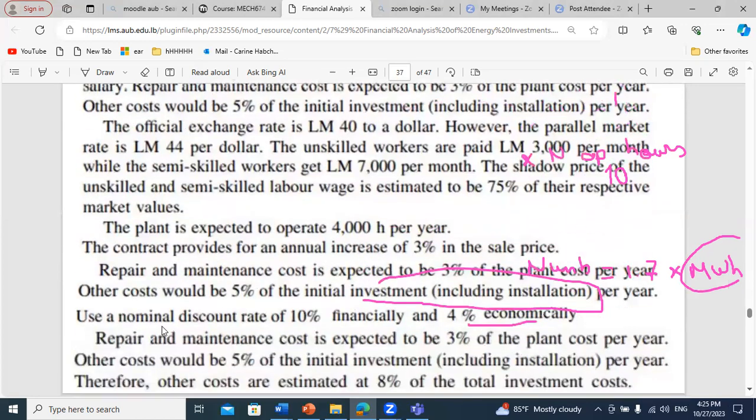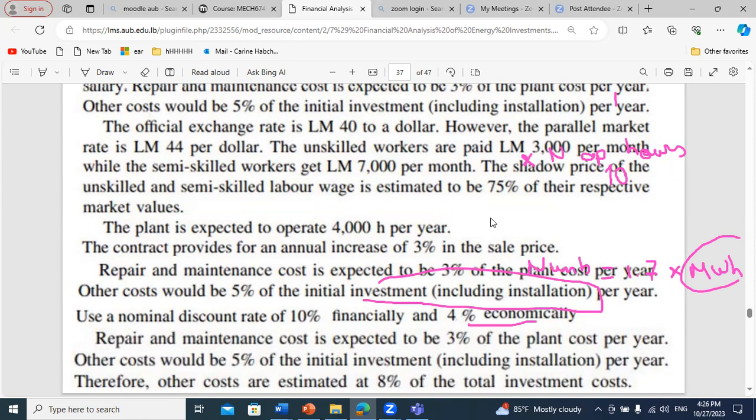They told us that the plant is expected to operate 4,000 hours per year. So we just have to multiply the capacity, which is 50 megawatt, by the number of hours to get the number of megawatt hours. And then we multiply by the number of barrels per megawatt hour to find the total number of barrels needed.